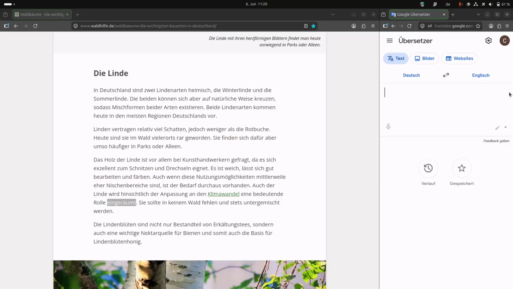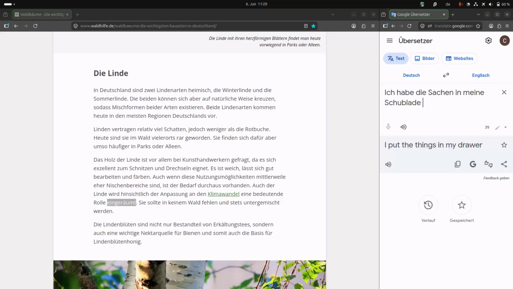Anyways, Raum in English can have different meanings, but Raum, eingeräumt. So this in general means, for example, if I have a drawer, ich habe die Sachen in meine Schublade eingeräumt. I put the things away in my drawer, basically.